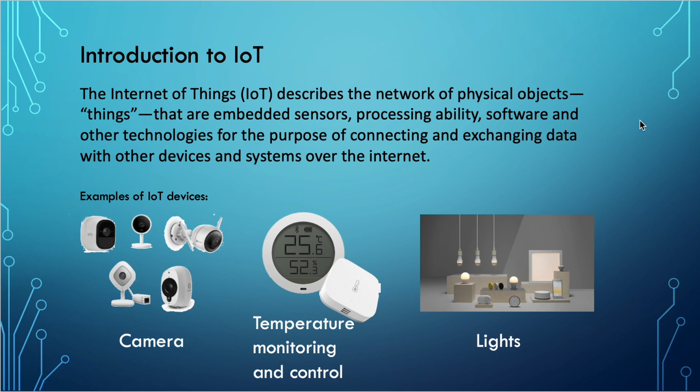Let's go through several examples of IoT devices and try to take in how these IoT devices work and what they contribute. Do they work as sensors? Do they work as actuators?